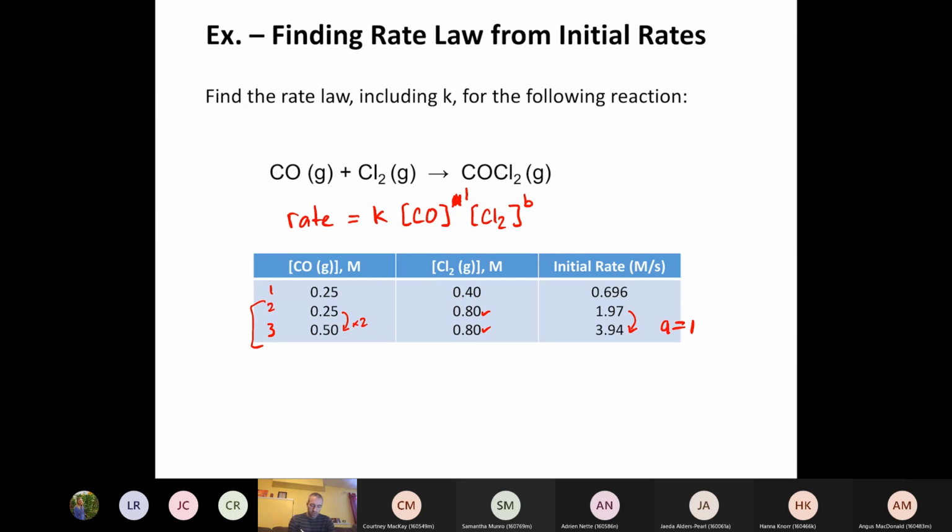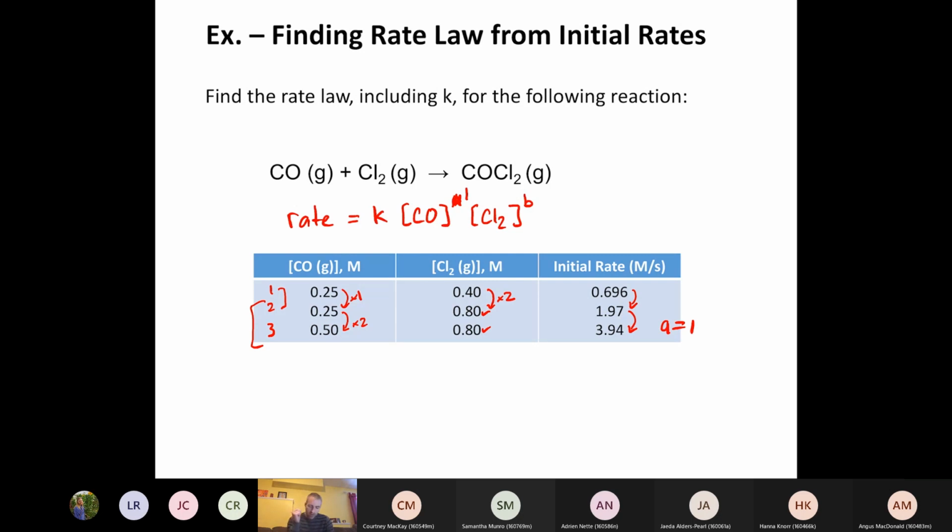Next, we want to do the same thing for B, for Cl2. So we need to find 2 experiments where Cl2 changes, but not CO. And that would be experiments 1 and 2. These remain constant, but this doubles. And what we see is that the rate goes from 0.696 to 1.97.